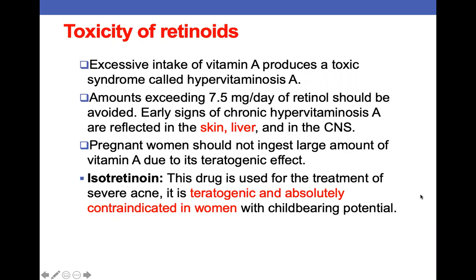Exactly, somebody said it. So I need to be really careful that if a female is taking this skin treatment, whether they have psoriasis or acne, I need to make sure that either they're on contraceptives or that they're not aiming to get pregnant. Exactly, that's why we have a warning on them.